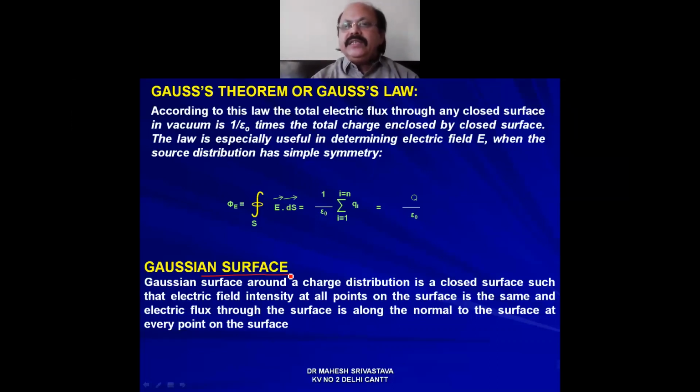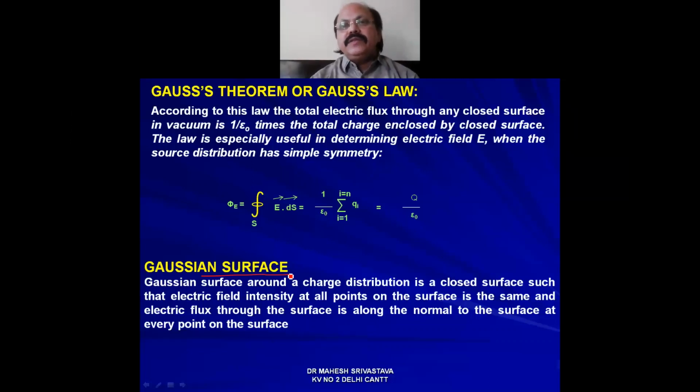So in this case of a spherical surface with the charge placed at its center, the distance becomes the same for every point on its surface. Then the electric field intensity at every point on the surface becomes equal, and the electric flux is also normal at every point.